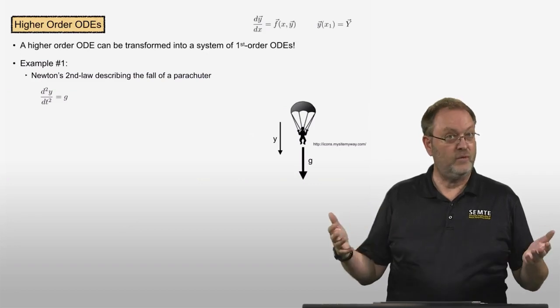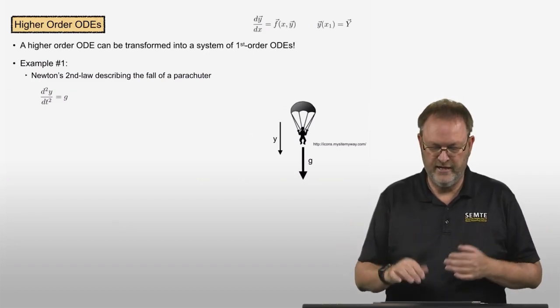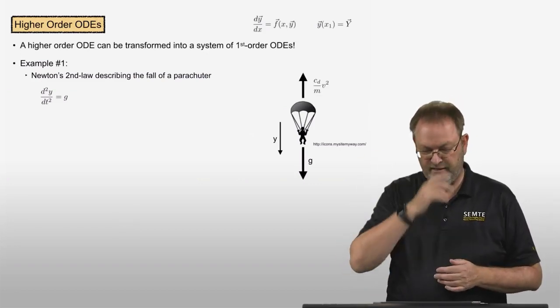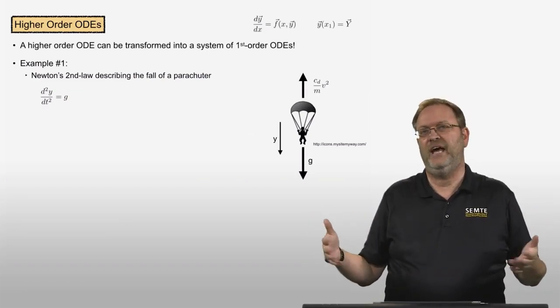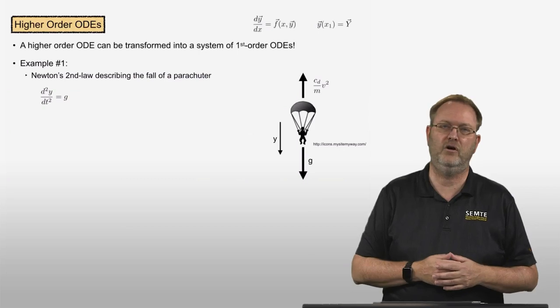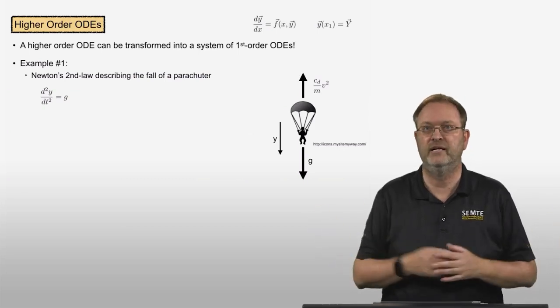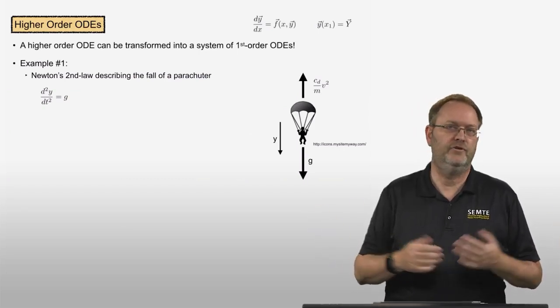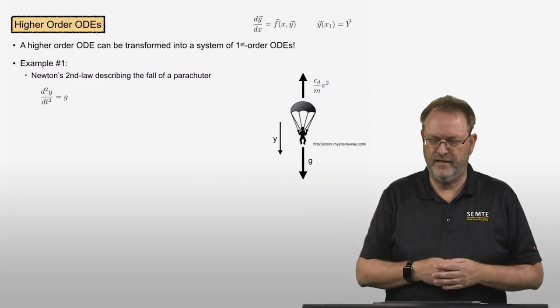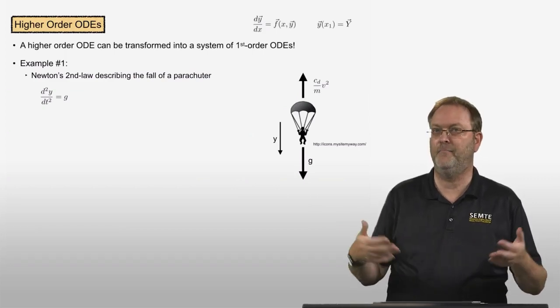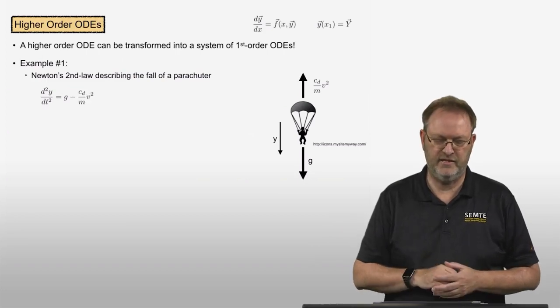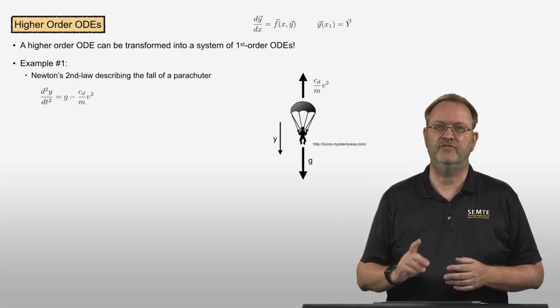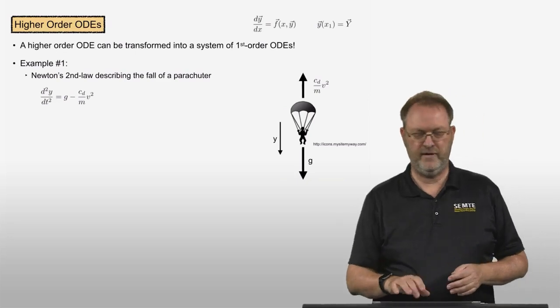So d2y dt squared is equal to g, if y is positive in the downward direction. And then, fortunately, there's also a drag force acting on the parachuter because of the parachute. And that acceleration due to the parachute is simply a drag coefficient divided by the mass of the parachuter times the velocity squared. And that is going in the upward direction.